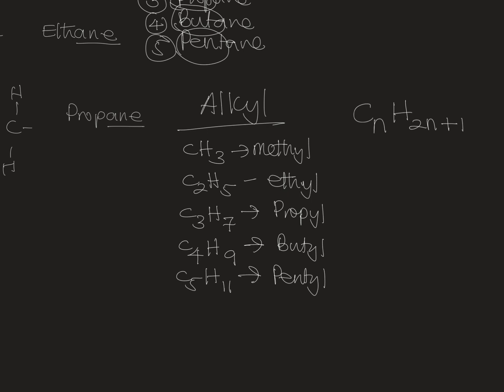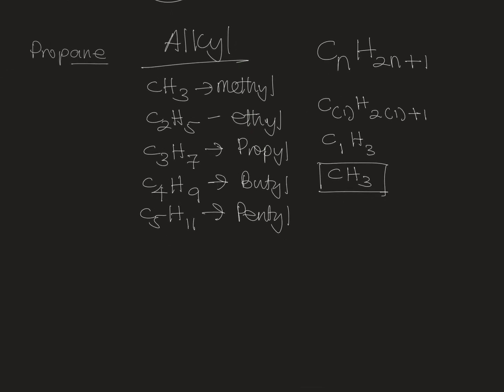For example, if I want to establish the formula for methyl, which is 1 carbon, it will be C1H2 into 1 plus 1. So that will be C1H. 2 times 1 is 2, plus 1 will be 3. So that will be CH3. That is how the methyl group becomes CH3.